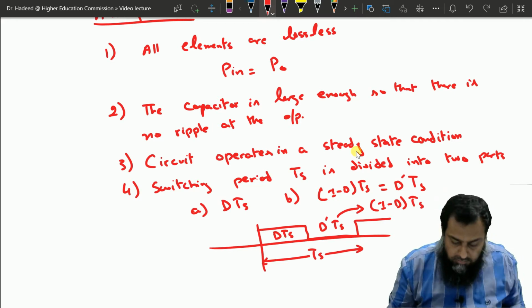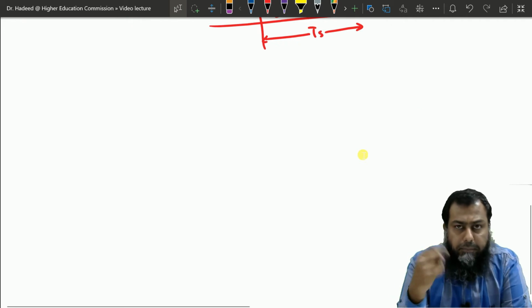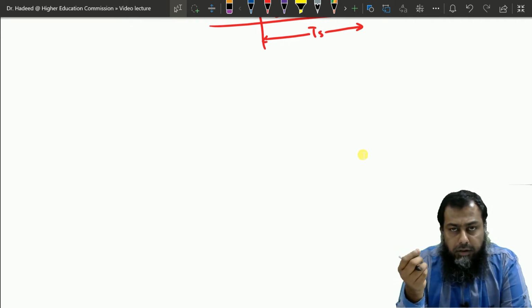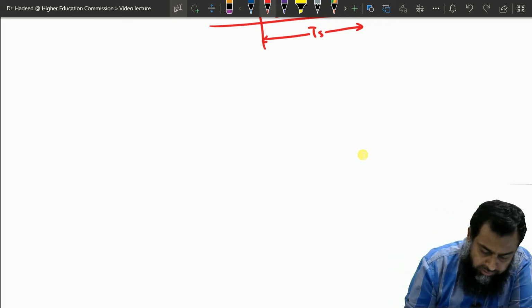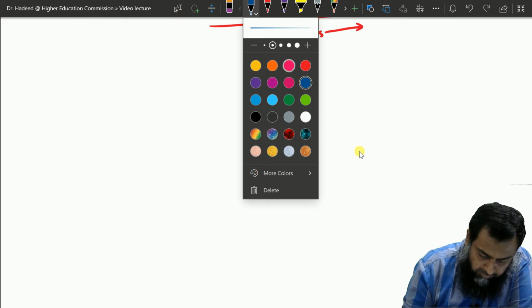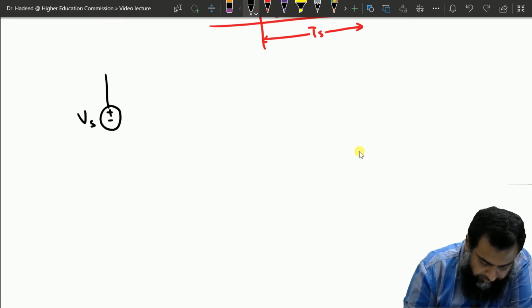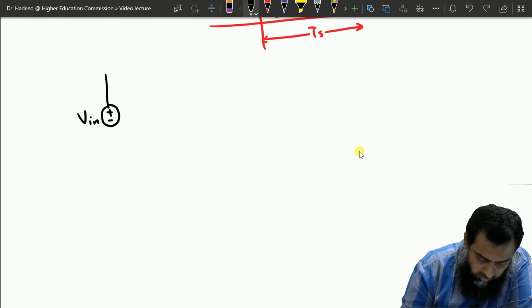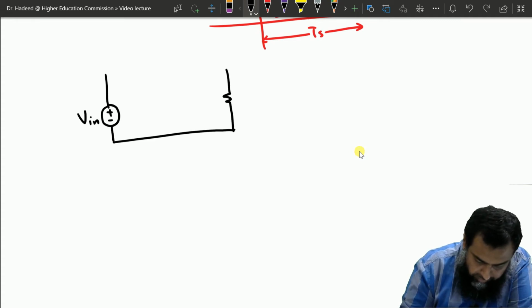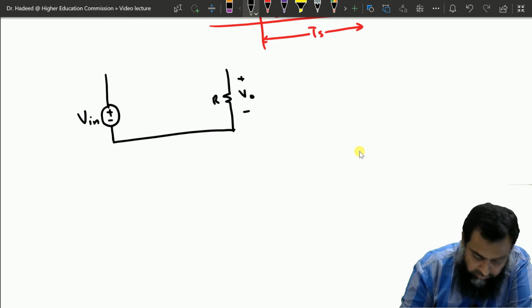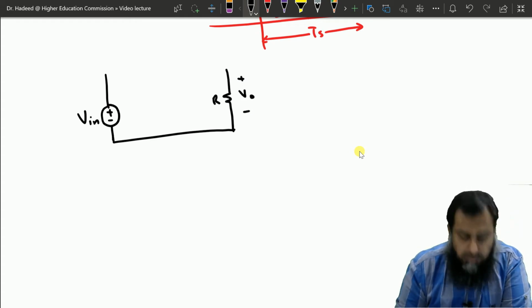With this, let us move on to the first and the most primitive type of the DC to DC converter. In the first lecture, we discussed a very basic type of converter, where we said that if we have this one equal to Vs or Vin, let us say this is Vin, and we want to convert this Vin to some voltage V naught across this resistance R, then we can accomplish this by using a switch here.